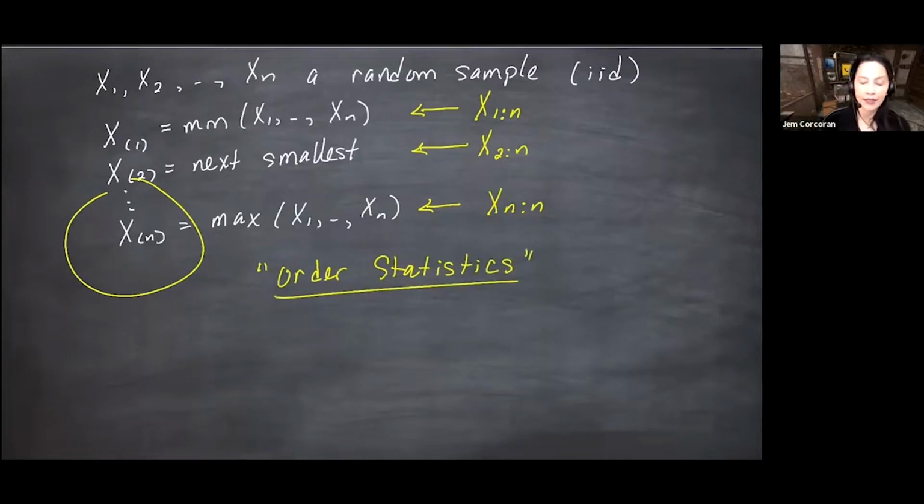Okay, so let's find the distribution of the minimum for the exponential distribution. I could give you a formula in a box, or we could just do it. And let's just do it.